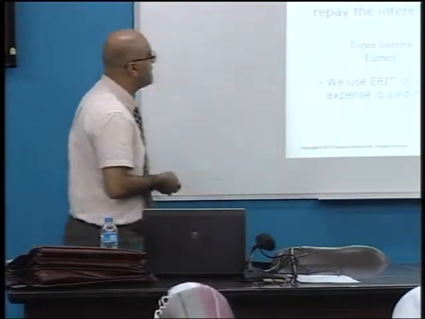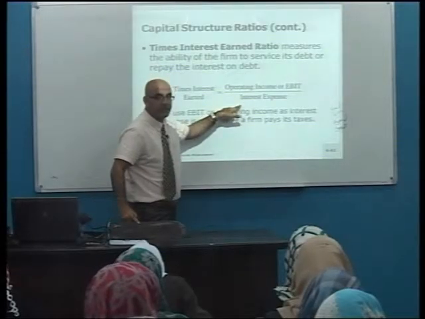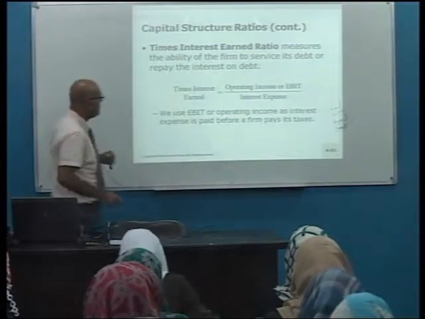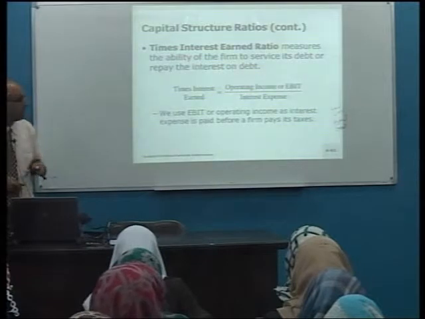The second ratio is the times interest earned. This measures how many times the business covers the interest expense. And it's measured by dividing the operating income by the interest expense. And the outcome is a number of times.